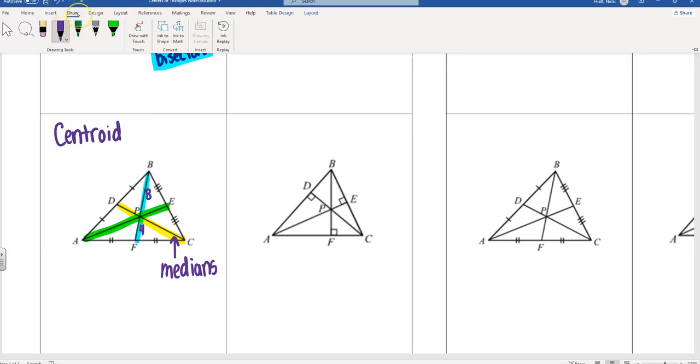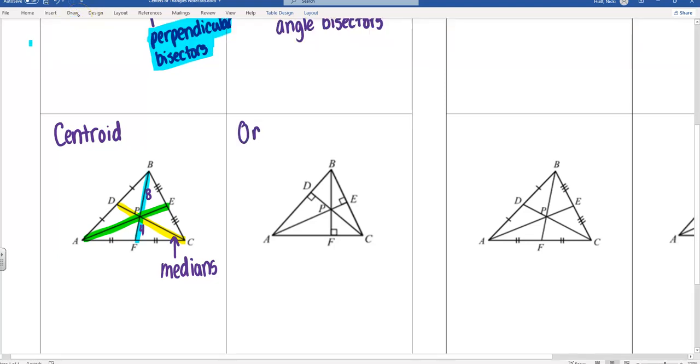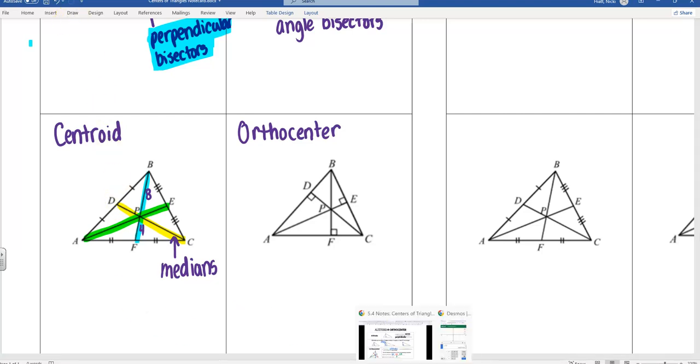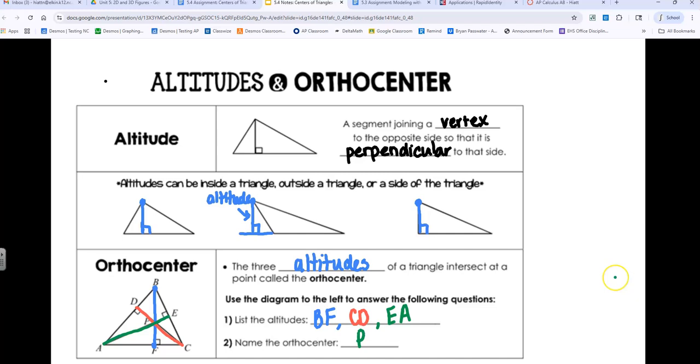So it is this last one. I can go back to it. Has everybody got this? CD.